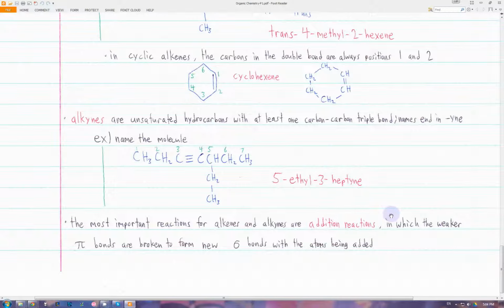And these are when more atoms are added to the molecule instead of replacing the hydrogens. This is possible because the extra pi bonds, in the double or triple bond, are weaker than the sigma bonds. So these weaker pi bonds will break, and they will form new sigma bonds with the atoms being added.